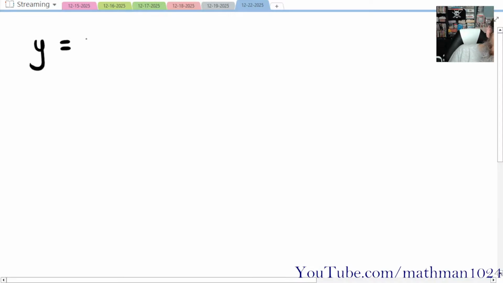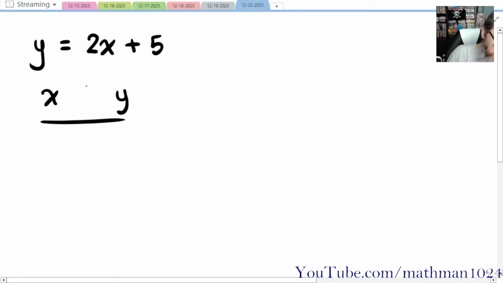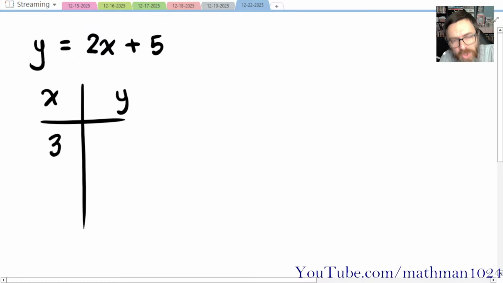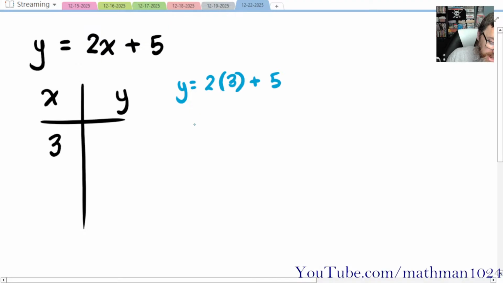If I said y equals 2x plus 5, and so what we've seen before is that I could create a t-table of values, and I can say, you know what, if x is equal to 3, what is the corresponding y value? And the way you would do that is that you would say, okay, so that means y equals 2, I'll replace the x by 3, and then I add 5, and I just follow the order of operations. So that's 6 plus 5, which equals 11. Okay, that's all that we're doing.